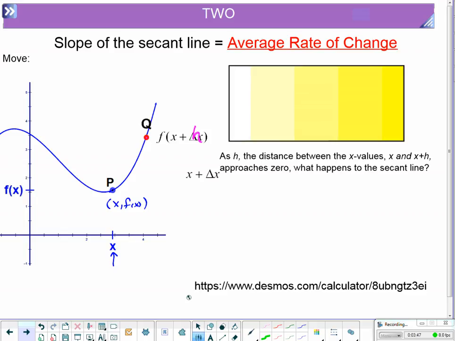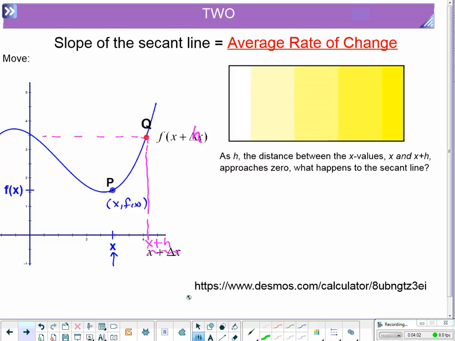And then on the bottom here, where that input value occurred, I could say that this is my x point of x plus h. Instead of delta x, we're going to refer to it just as some change of h.